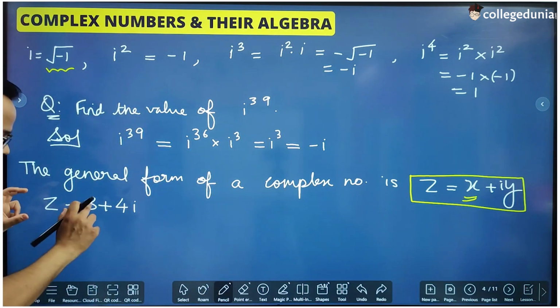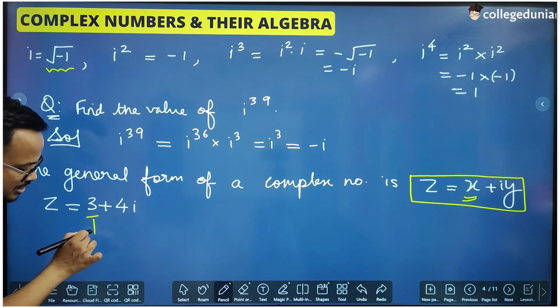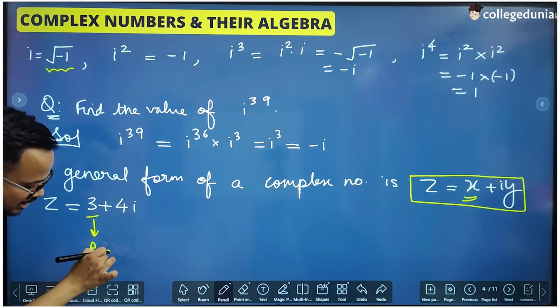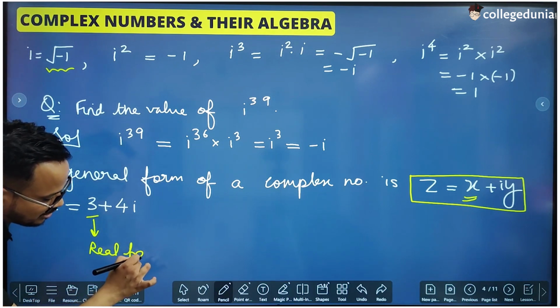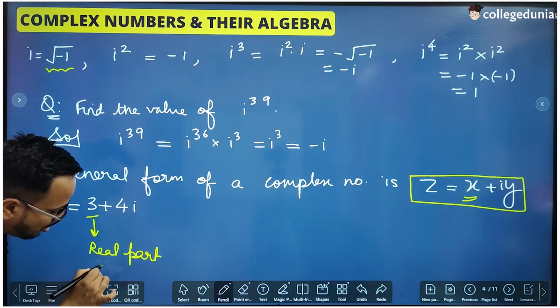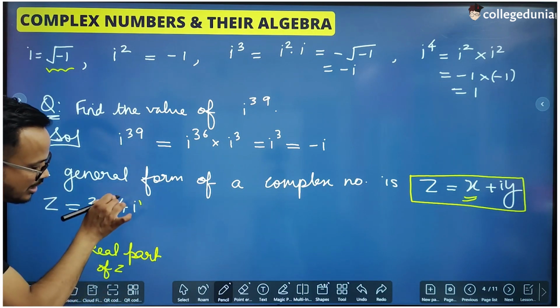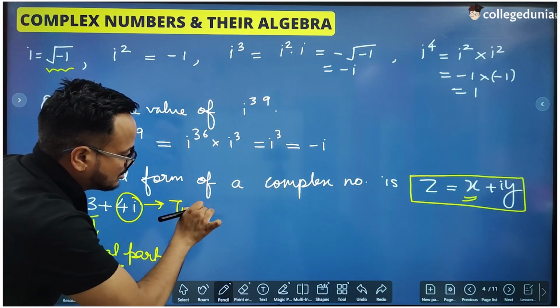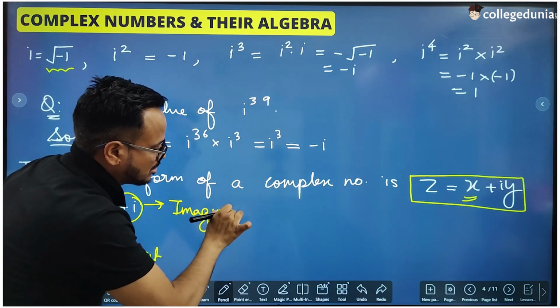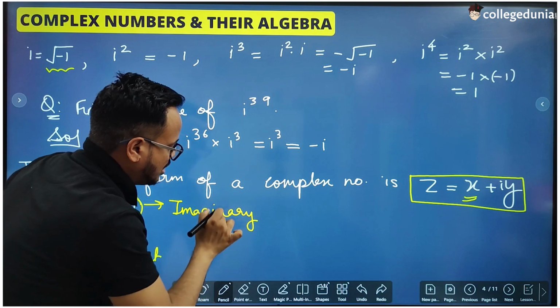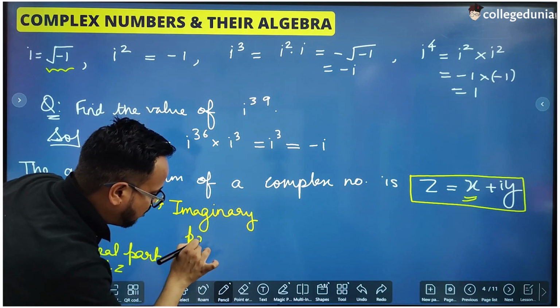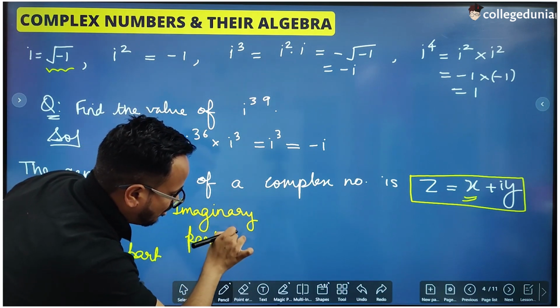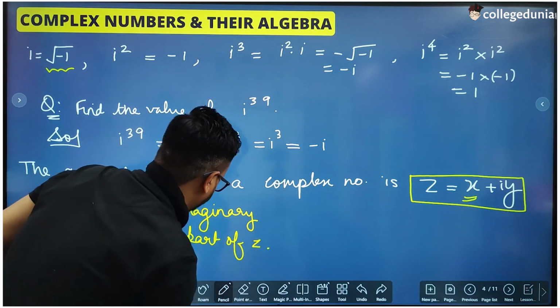This is a complex number, and this 3 is the real part of z, and this 4i is the imaginary part of z, right?